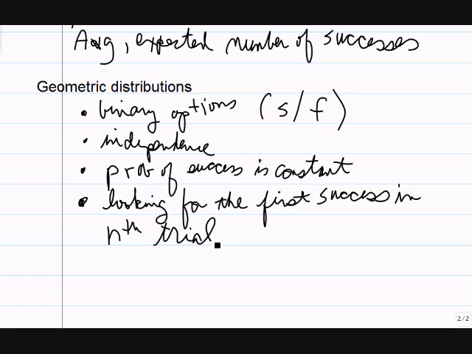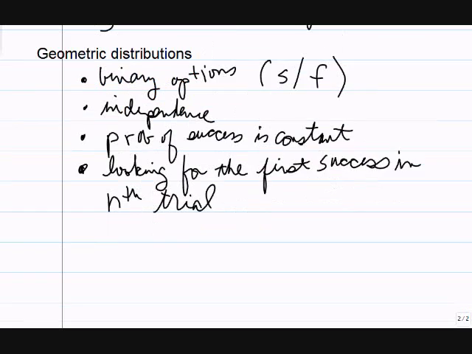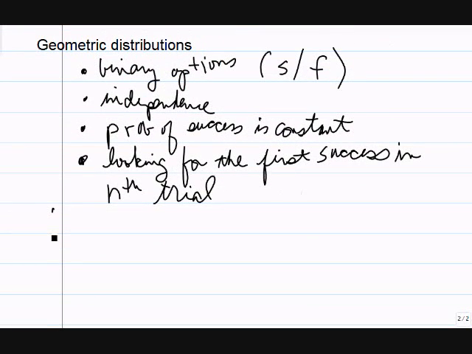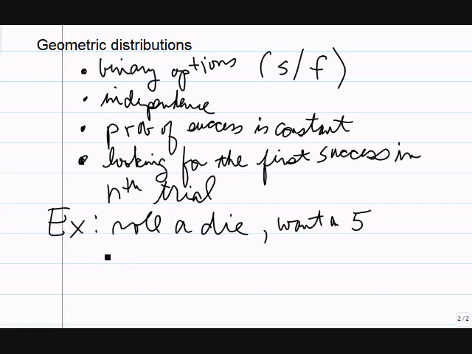We'll go with a simplistic model again. Let's roll a die this time. Let's say I want to get a 5. What's the probability of getting a 5? What's the probability of not getting a 5?